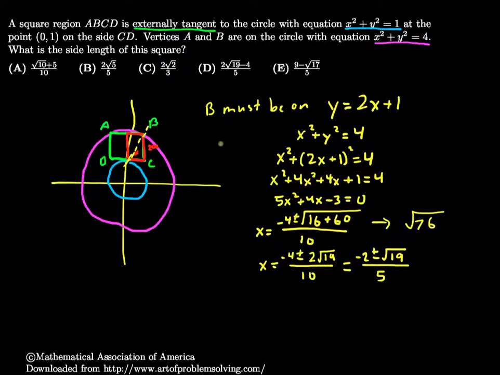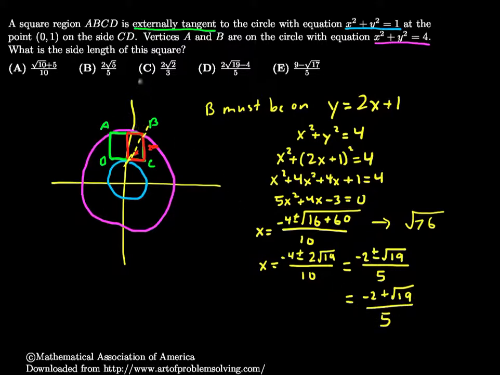So my x values are negative 2 plus root 19 over 5, or negative 2 minus root 19 over 5, but I'm looking for a positive x value, so the only one I care about is negative 2 plus root 19 over 5.